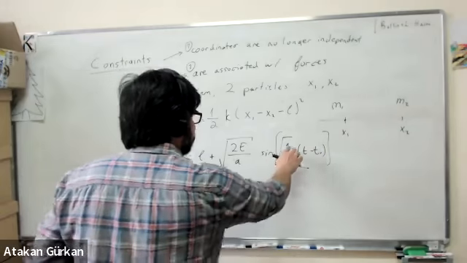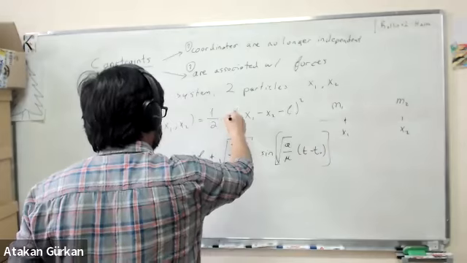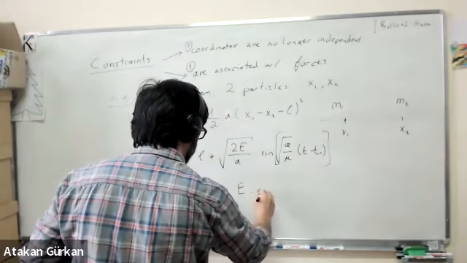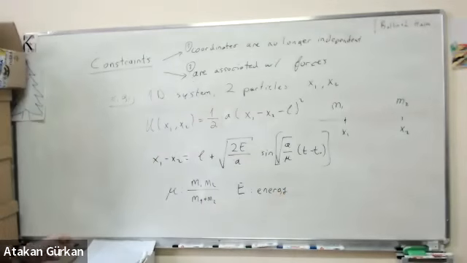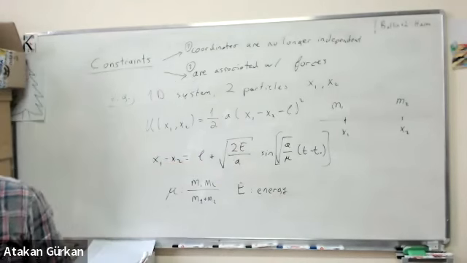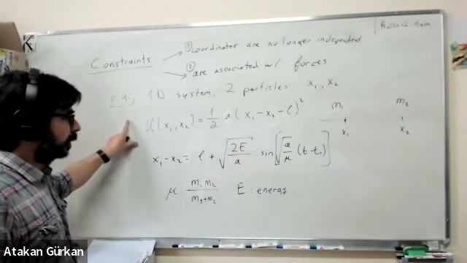And that A is what's given over here. And this E is energy. So it's the kinetic energy of the particles plus the potential energy arising from this interaction.